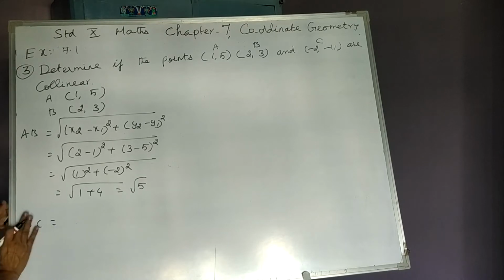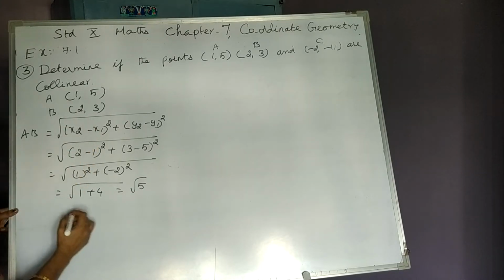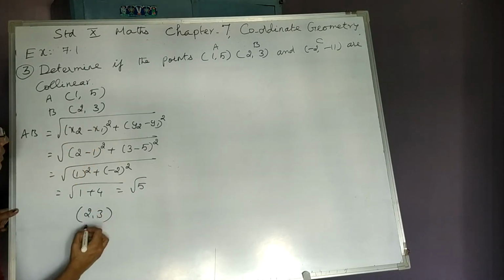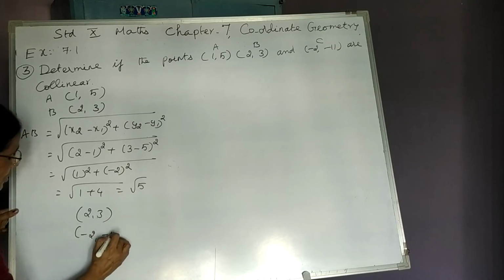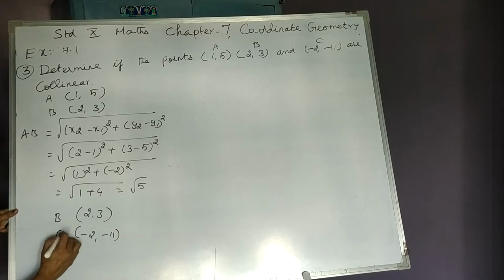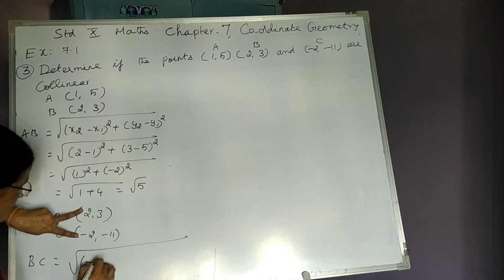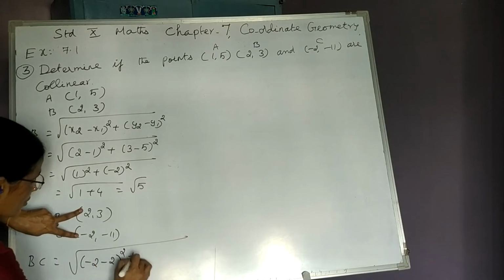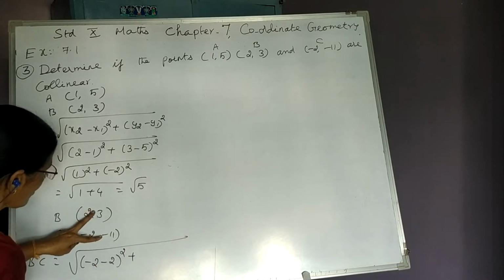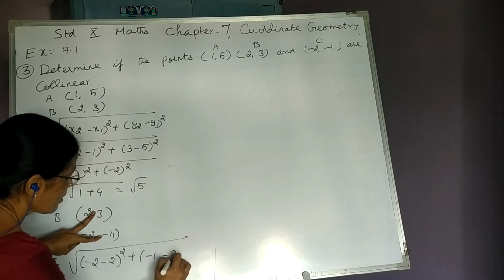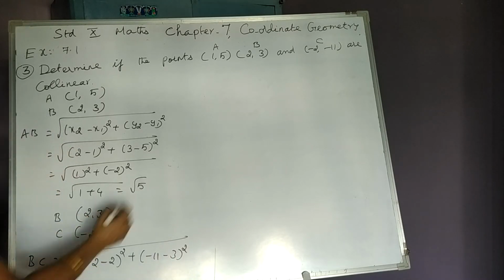Then comes BC. When I write BC, I copy the points B and C. It is easy to substitute. I take this as B, this as C. I find the distance BC. Difference of the x coordinate, it is (minus 2) the whole square, plus difference of the y coordinates, (minus 11 minus 3) the whole square.